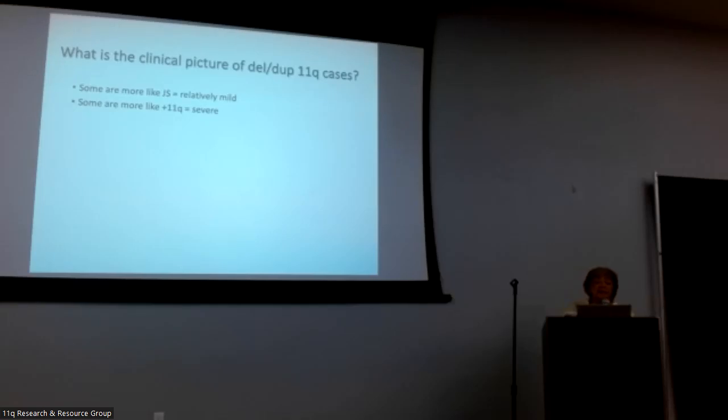There are some mild cases where the phenotype looks almost like Jacobsen syndrome with some additional findings, and some are more severe where the loss is not so evident, but there is only the clear phenotype of trisomy.